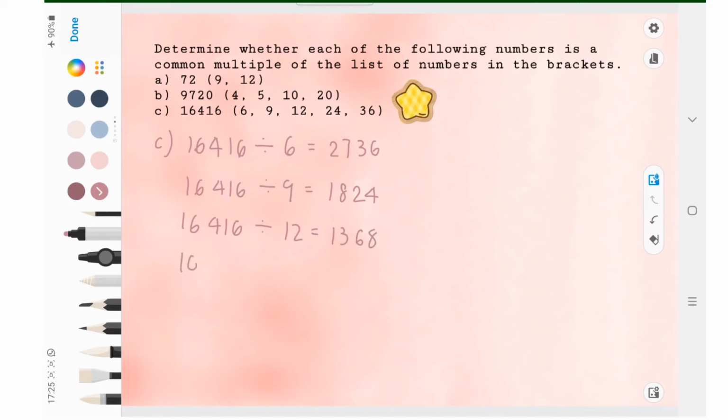Then divide by 24 equals 684. Lastly, divide by 36. The answer is 456. So they are all whole numbers. The answer is yes. 16,416 is a common multiple of 6, 9, 12, 24, and 36.